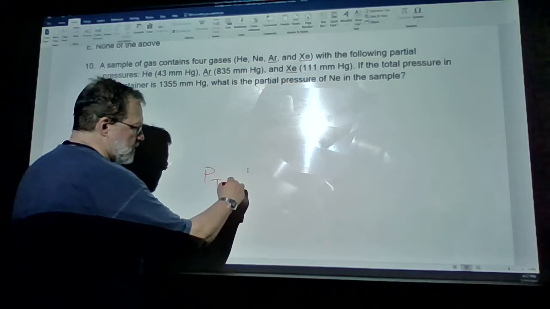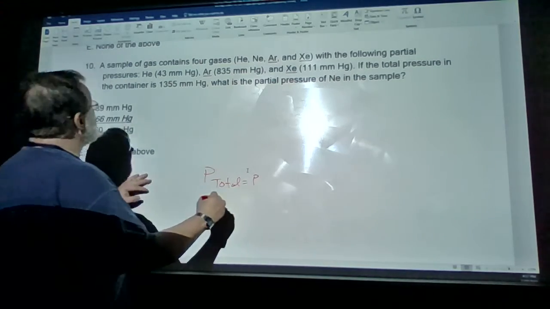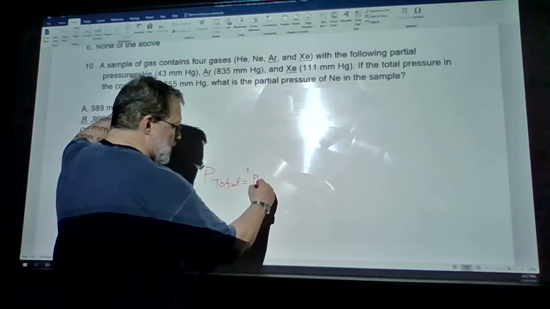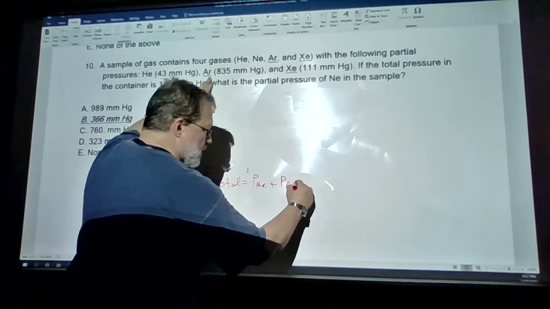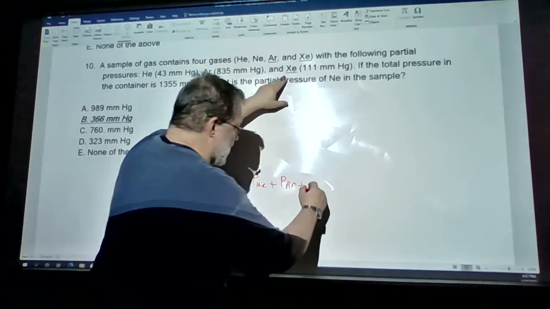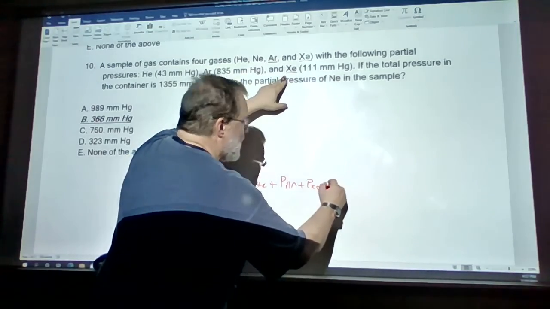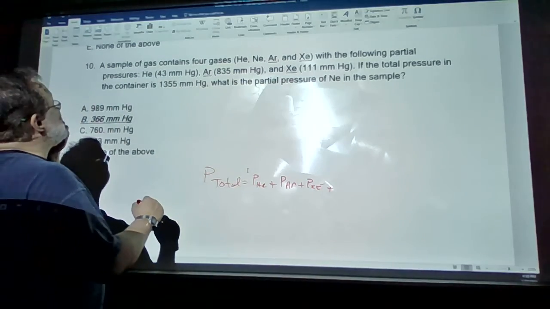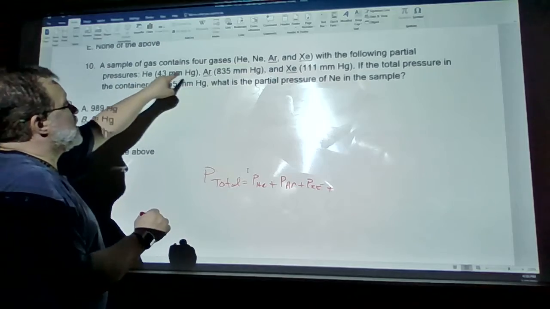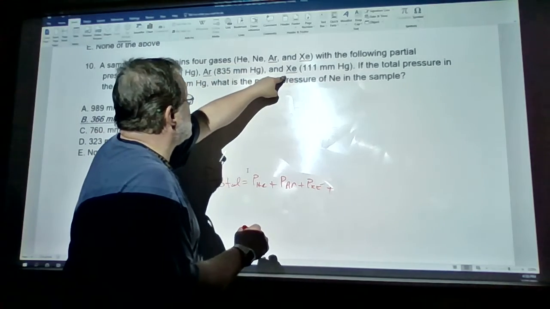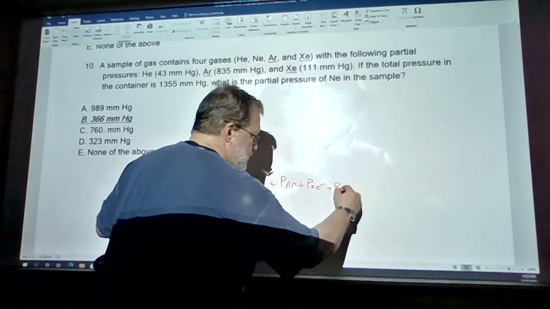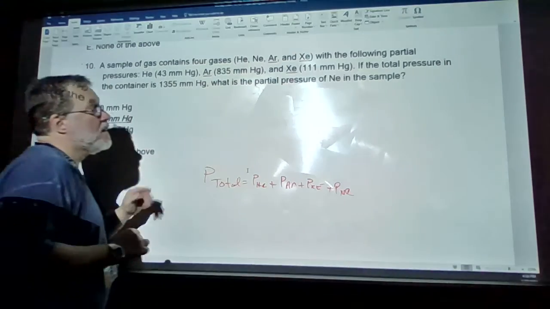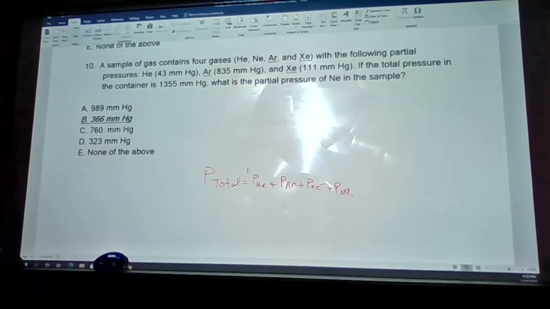P total is equal to the partial pressure of helium plus the partial pressure of argon plus the partial pressure of xenon plus neon.